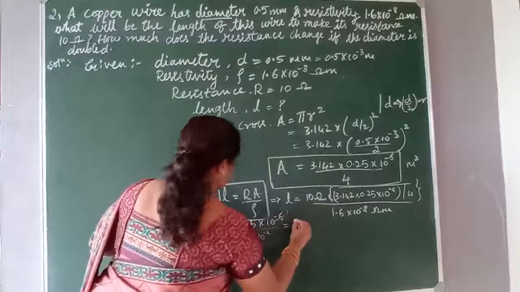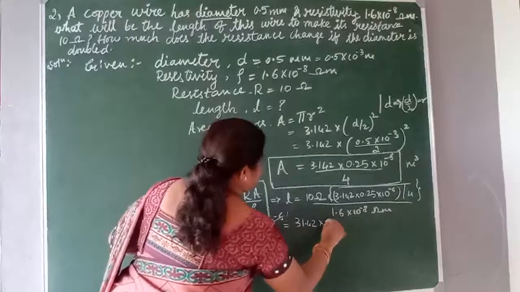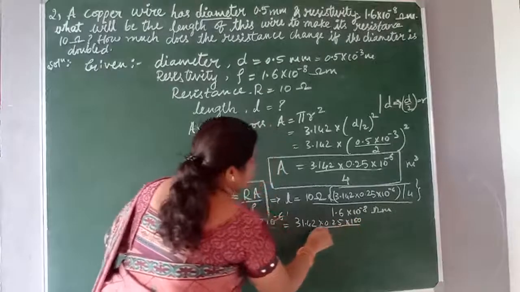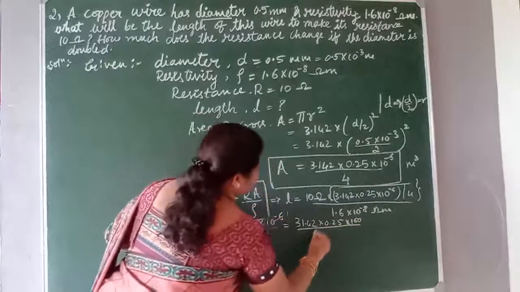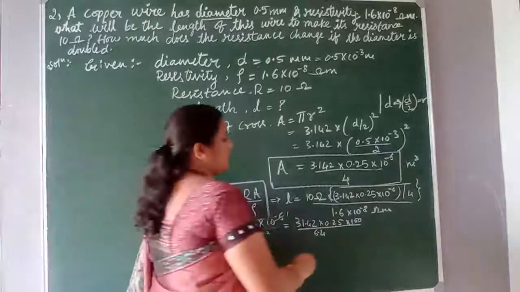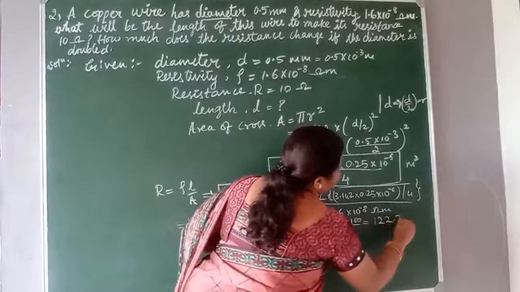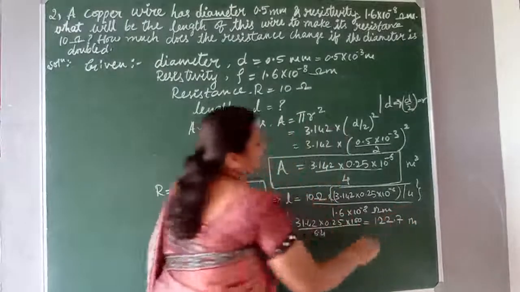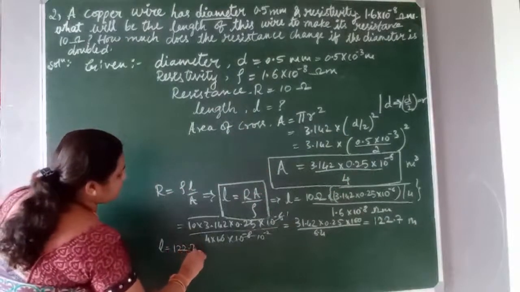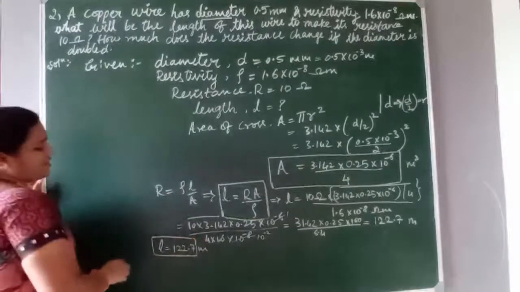That is how much? 31.42 into 0.25 into 100 divided by 6.4. If you do this, you will get L is equal to 122.7 meter. So how much, children? 122.7 meter is the L value, means the length of the wire is how much?